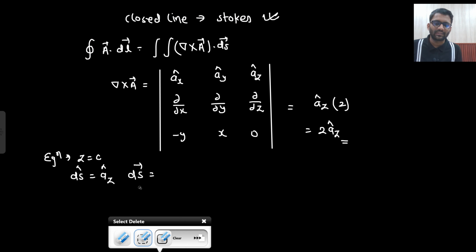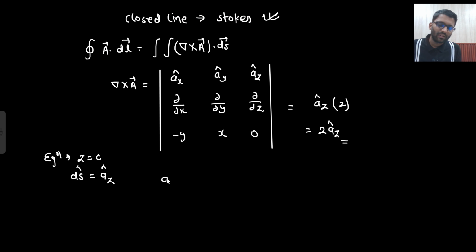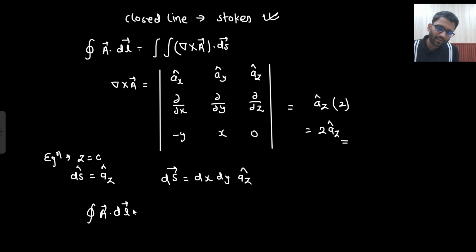And what will be your ds? So now my ds will be dx dy az cap. Okay. So now what will be my A dot dl? This is what I need to find. So my A dot dl will be 2 az cap into dx dy az cap, surface area.